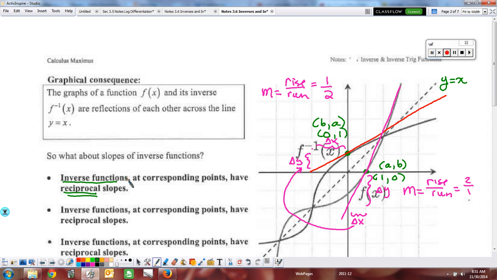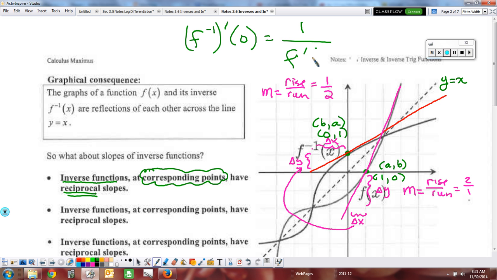Notice this one is the slope at f inverse of 0. So the slope of f inverse at 0 is going to be the reciprocal of the slope on f at the corresponding point. The corresponding point to 0 is 1.